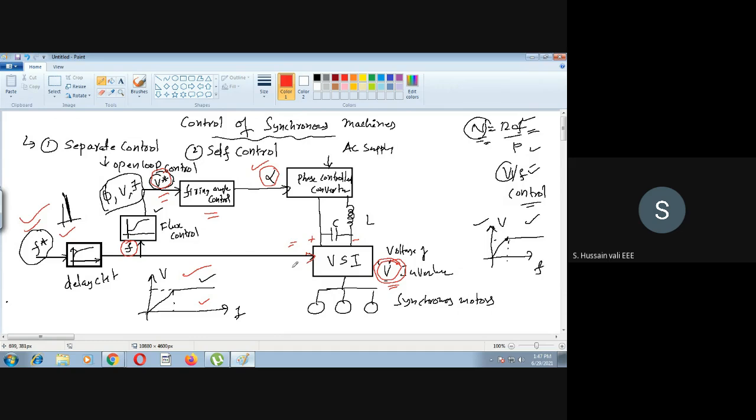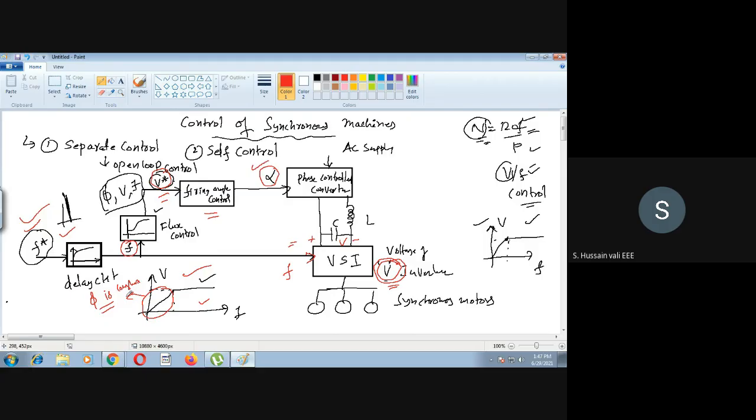One side is the voltage, the other side is the frequency. Those are the values you need for this voltage source inverter. Then the output of the voltage source inverter goes to your synchronous machine. Till this point, I already told you the flux is constant. I hope you can understand this. The flux is constant here.